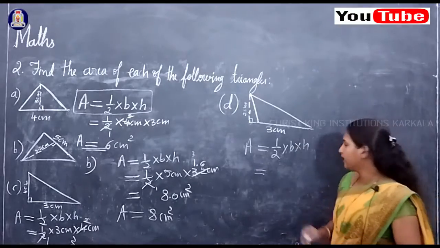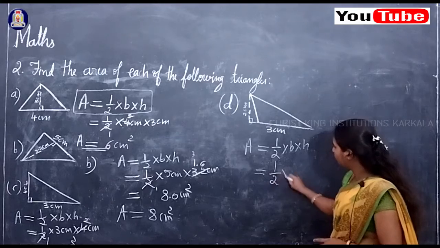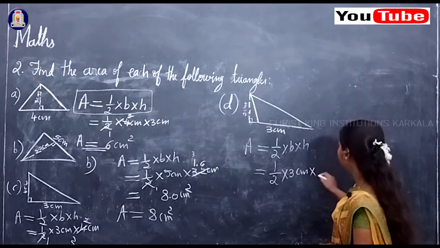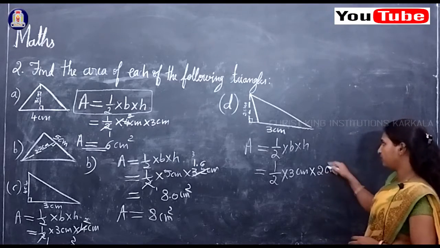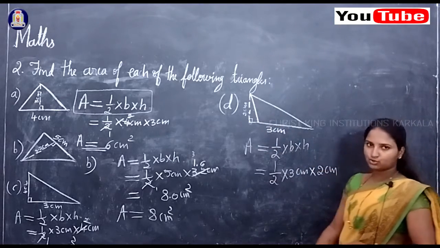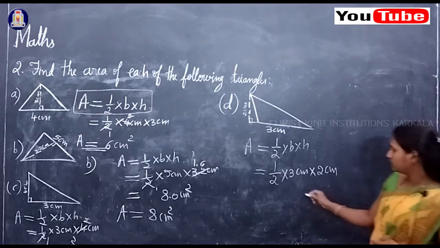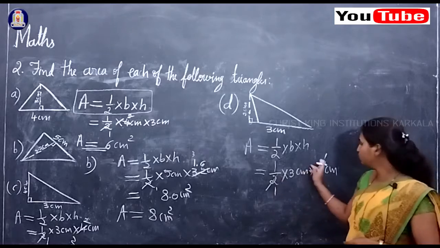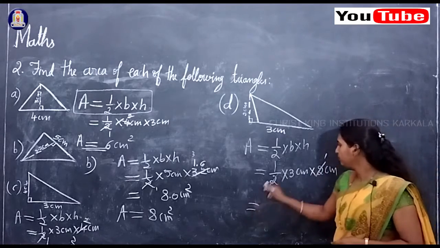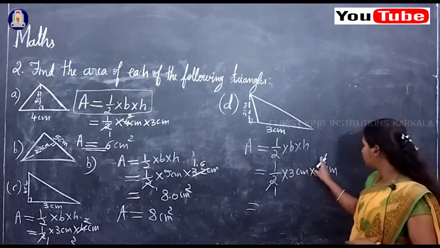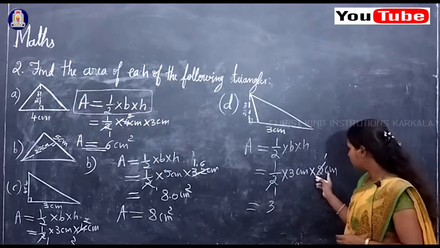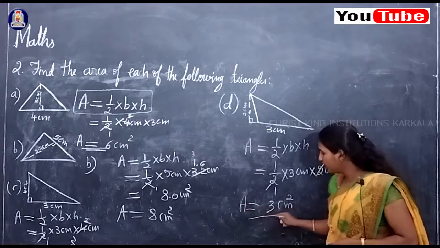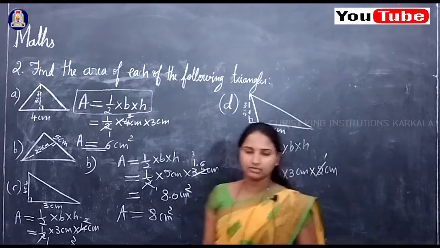Half into base is 3 centimeter and height is 2 centimeter. You can simplify: 2 ones are 2. What is remaining? 1 into 3, 3. Centimeter into centimeter, square. So A is equal to 3 centimeter square.